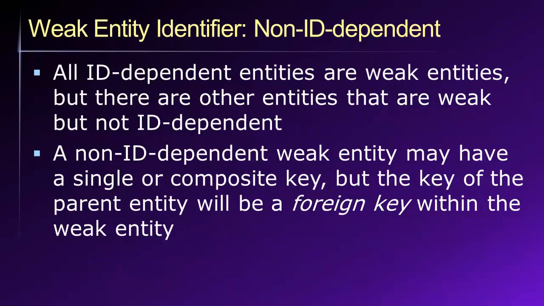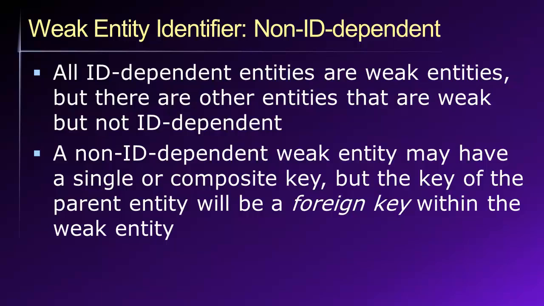If the relationship between a strong entity and a weak entity is a non-ID dependent relationship, then the primary key of the strong entity will appear as a foreign key within the weak entity, but it will not be a part of that weak entity's primary key.